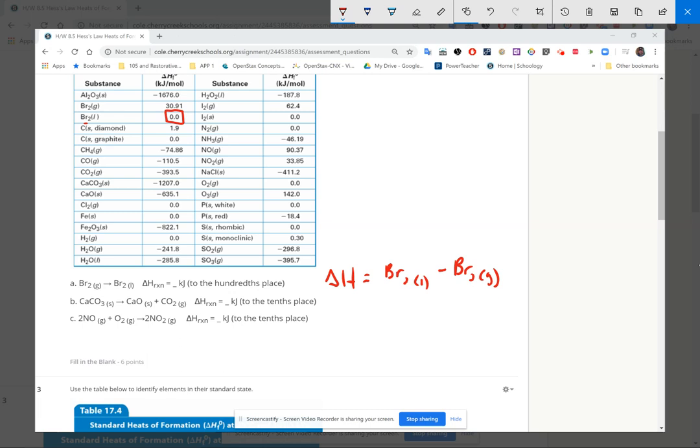So bromine, diatomic bromine, if you look it up on the periodic table, it's going to be blue most likely because it's liquid in its standard state, and therefore it's 0. Okay, bromine gas is going to have a heat of formation of 30.91, so really it's 0 minus 30.91, which is going to give me negative 30.91 for the first one.